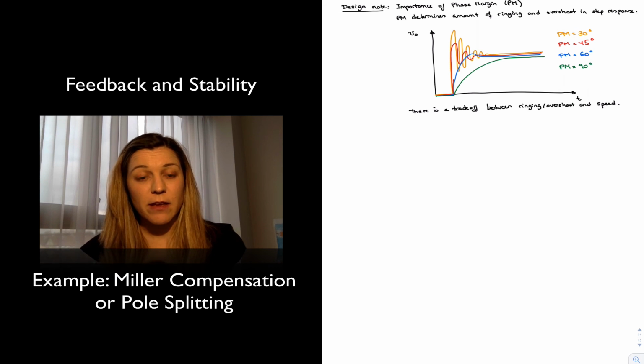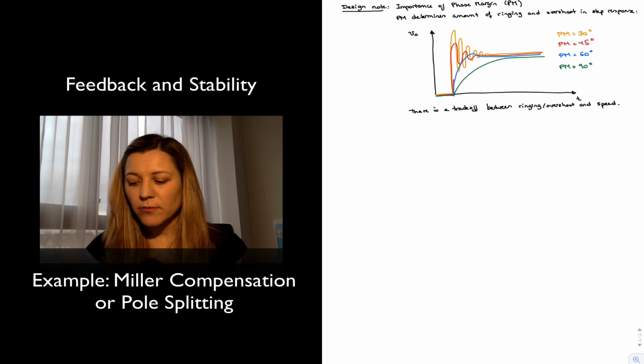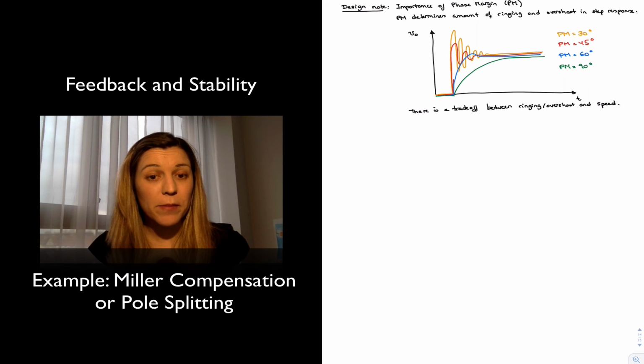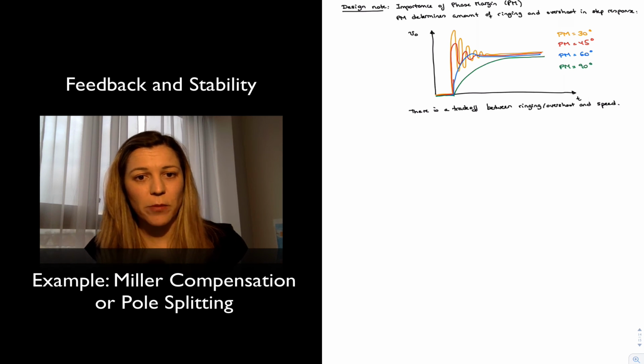So basically, across the feedback path of the second stage, there will be a compensating capacitor. For some op-amps, that compensating capacitor is not there. Those are referred to as uncompensated op-amps or sometimes decompensated op-amps.